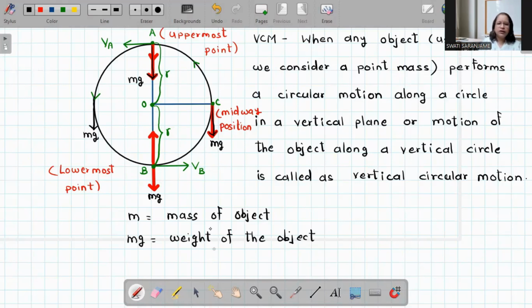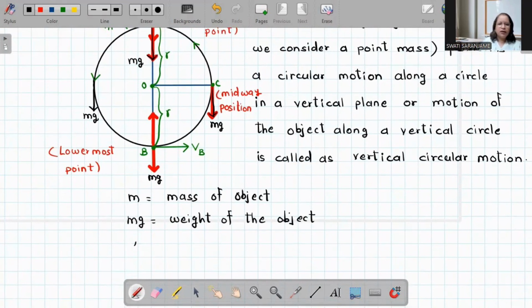Now here we are considering that the object is tied to a string. So the object of mass m is tied to the string. The length of the string is now the radius r. Since we whirl that string in a vertical circle of radius r, L is equal to r, the radius of the circle.